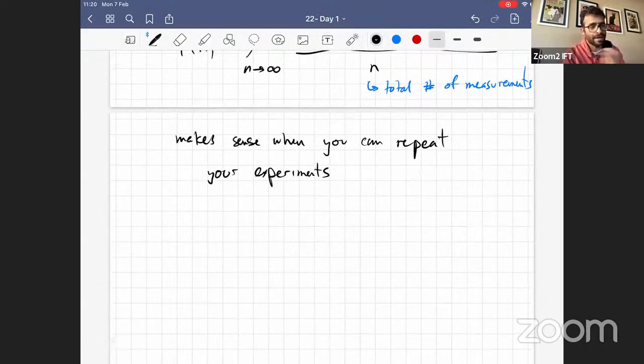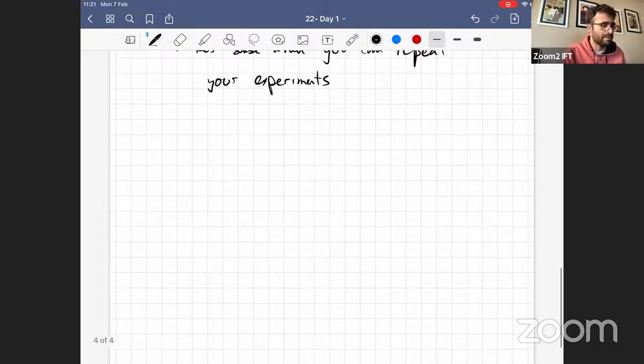It makes less sense if you only have a one-off experiment, like you observe the universe. There is only one universe that we know or that we can measure. So you cannot repeat, you cannot have this notion of frequency because you don't have n universes to observe. You only have one. And so, formally, it makes less sense there because the notion of probability there should be different, right?